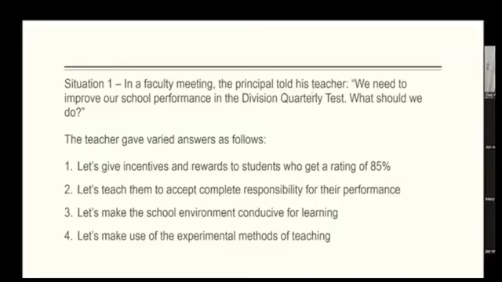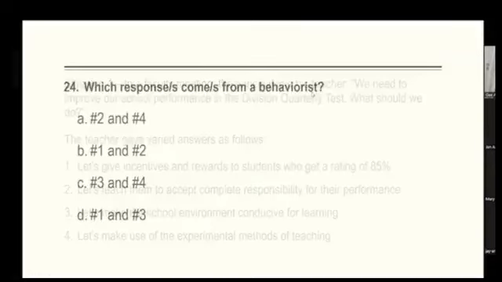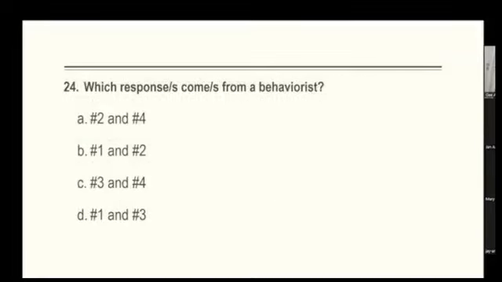Okay, next, which response or responses come from a behaviorist? Is it A, number 2 and number 4, B, number 1 and number 2, C, number 3 and number 4, D, number 1 and number 3? Okay, behaviorist.